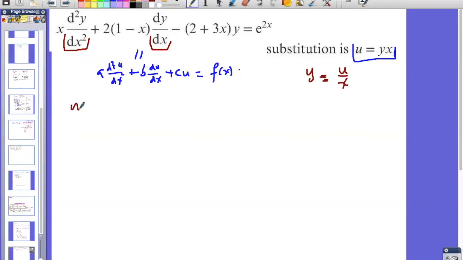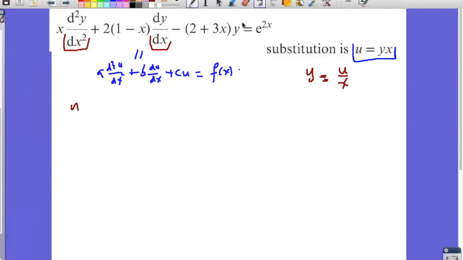So we have u equal yx. So we will differentiate all through. du dx, we use the product rule. So we will get y, you leave y, you differentiate x, plus you leave x, you differentiate y, x dy dx.